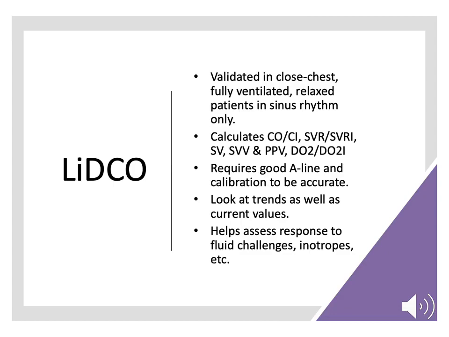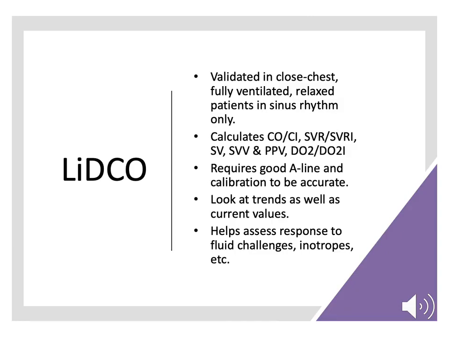The LIDCO can calculate your cardiac output and cardiac index, your systemic vascular resistance and systemic vascular resistance index. The indexes are basically based on patient size and help relate that patient's cardiac output to that patient's size to help balance things out a little bit. It also calculates stroke volume, something called stroke volume variation and pulse pressure variation.